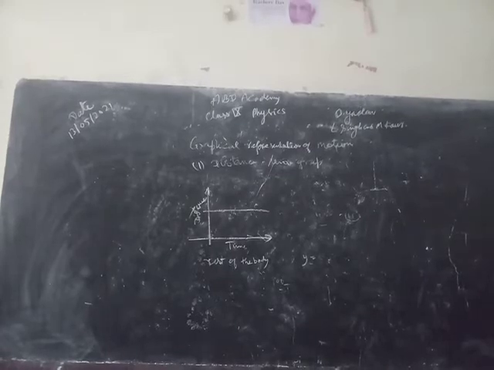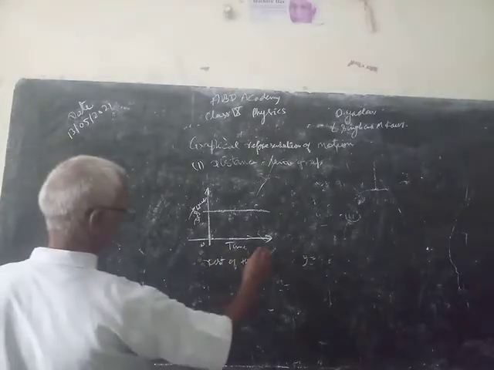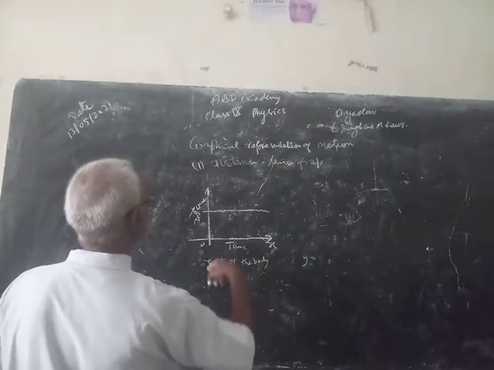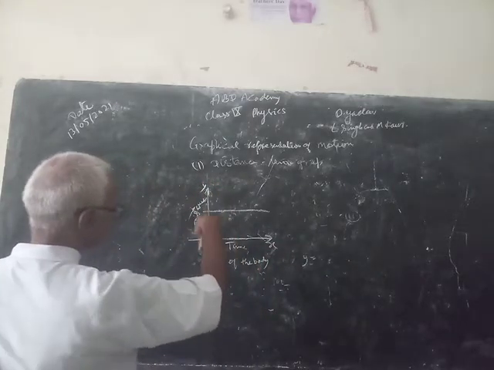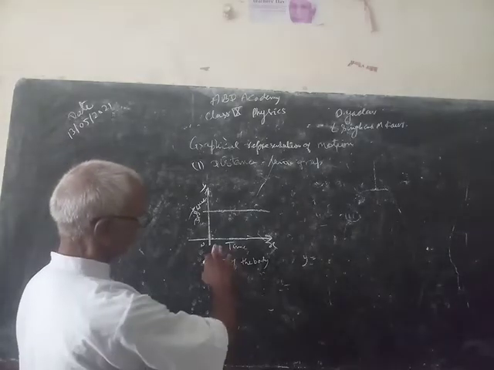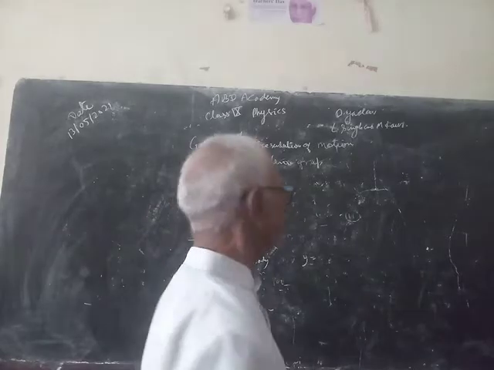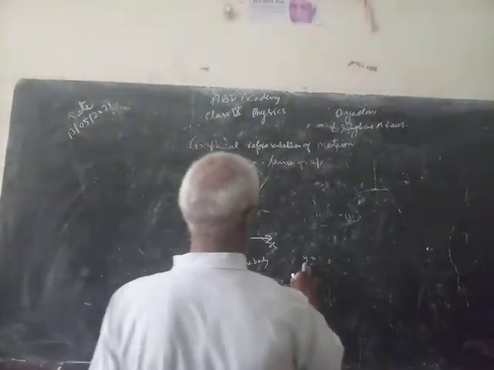So rest is shown by a line parallel to the time axis, as here in the figure. It is the x-axis, the time axis, and it is the y-axis, the distance axis. If the distance is the same from the x-axis, it represents rest of the body.